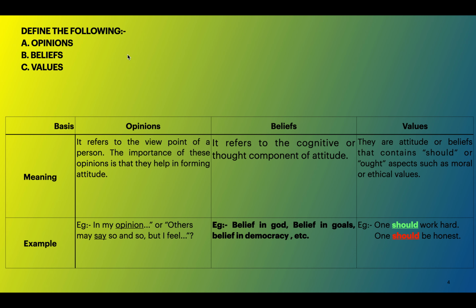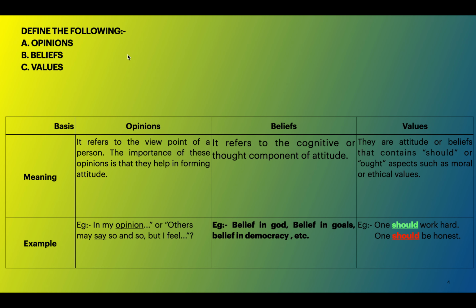The thought component is how much you rationalize that thing, and that is your belief, like belief in God, belief in democracy. This is the reason that you are doing that thing, basically. For example, you believe in God because of some miracle that you have seen.